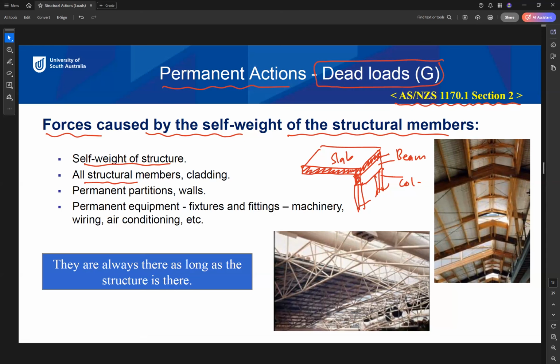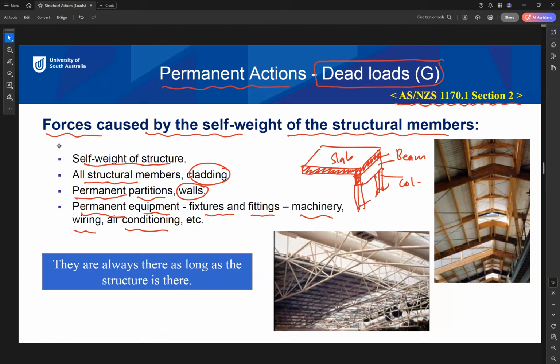Any other structure members like cladding and any permanent partitions like walls and any permanent equipment that will stay forever on the floor, and any fixtures or fittings of pipes and so on, any machinery or wiring or air conditioning and so on.